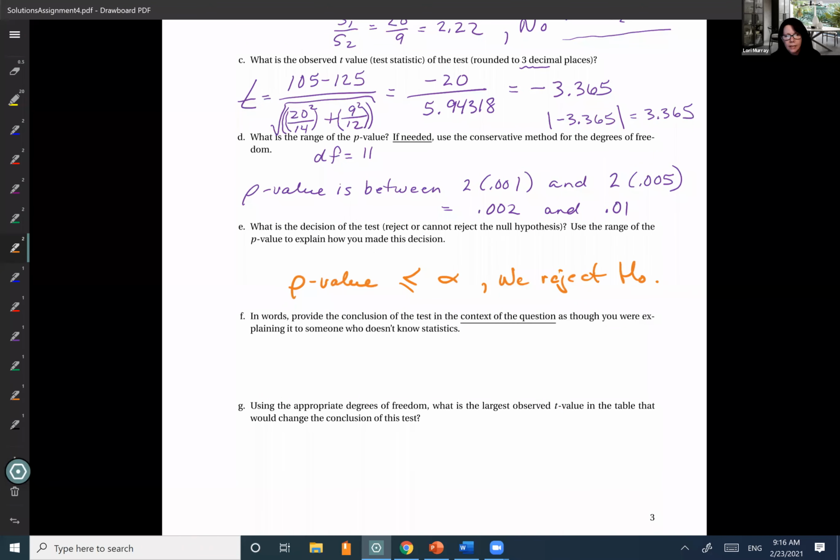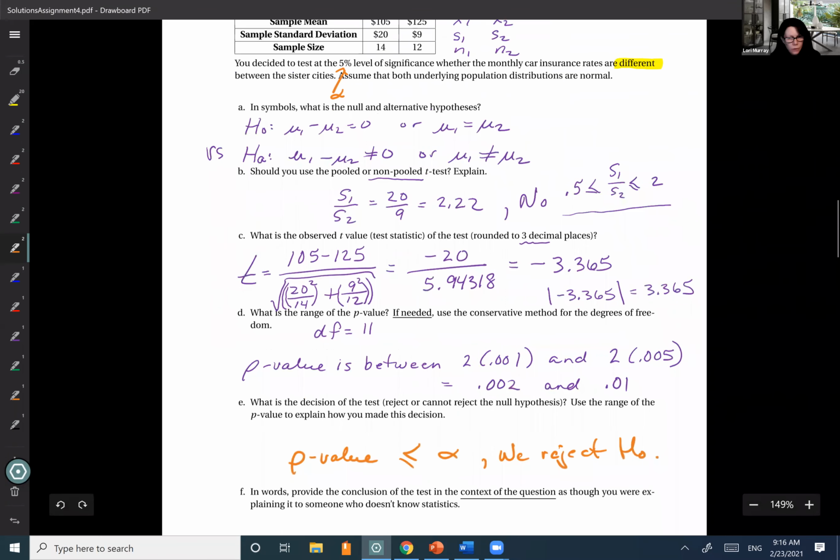In words, again, provide the conclusion of the test. You wouldn't want to say to a manager or a CEO or team leader that the p-value is less than the significance level, the p-value is between 0.002. You wouldn't want to say all that because it's all statistical terms.